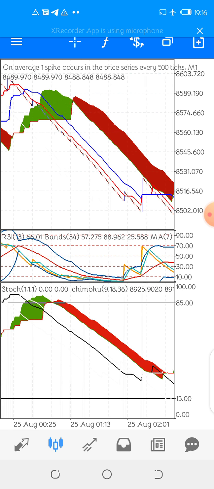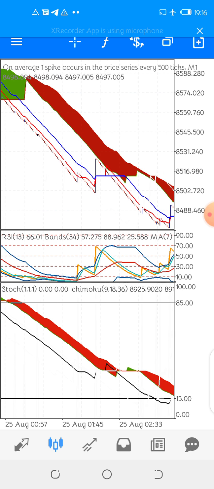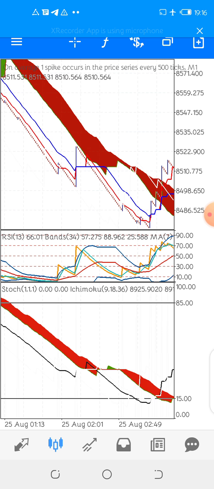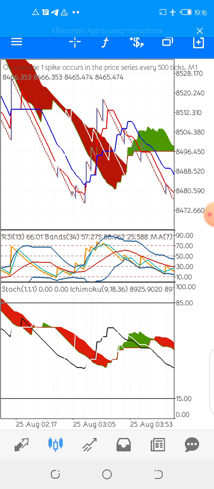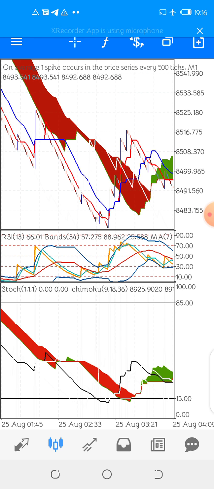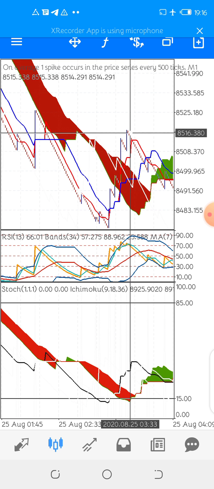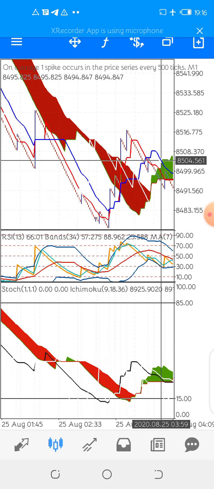Okay, it spiked, but it didn't go above our cloud. We continued down, it started spiking again. We are touching all this moment at level 15 until when we crossed there, but it retraced again. So here you could have gotten profit of one spike, this spike here, before it started retracing.